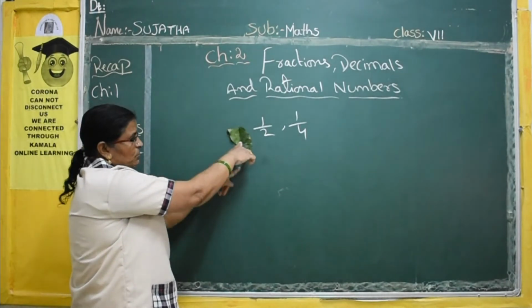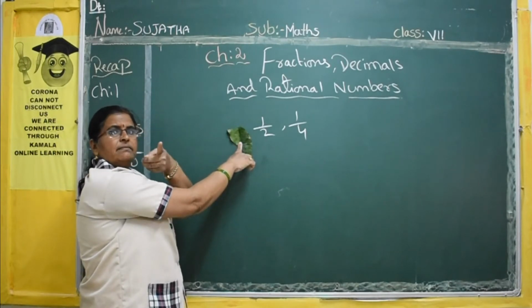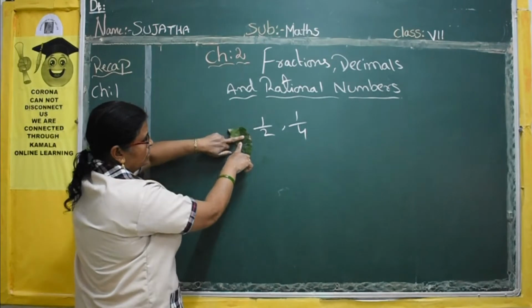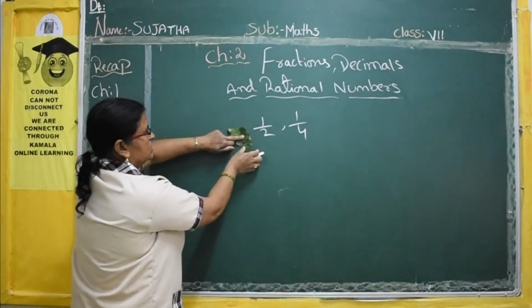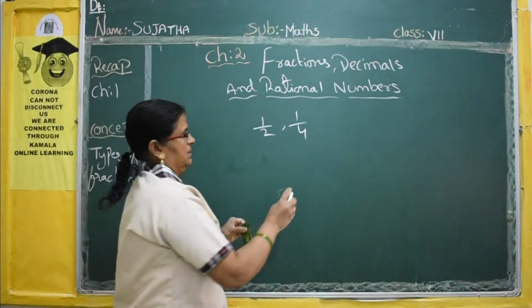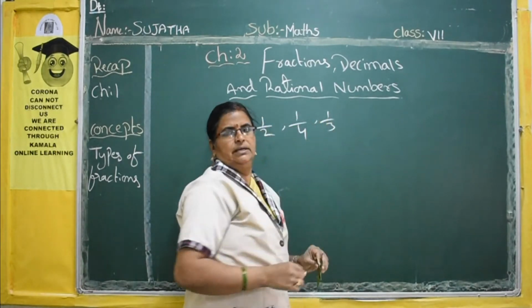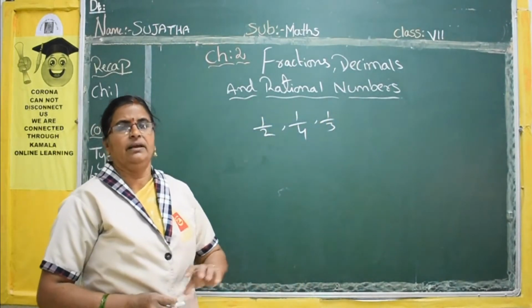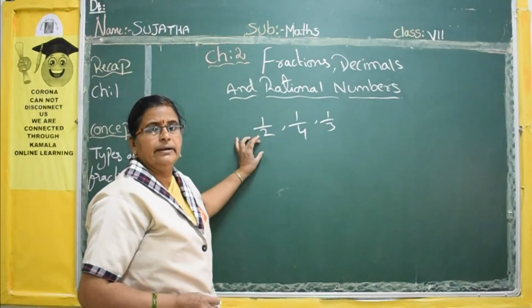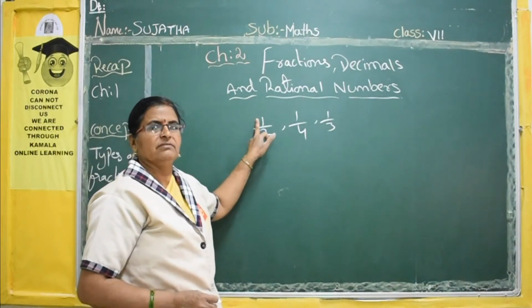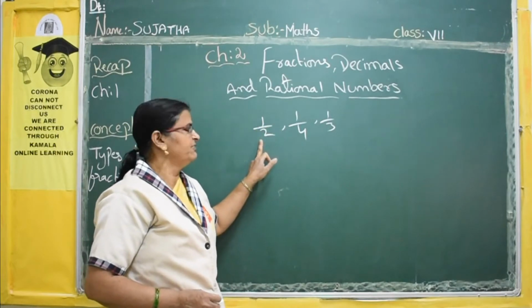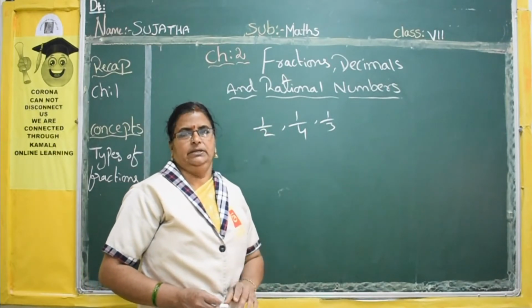Understood? If one more is there, then 4 by 4 becomes 1 whole part. Now these are 3 parts, 1, 2, 3, so this is 3 by 4. This is called a fraction. Fractions have a numerator and a denominator. The upper part of the fraction is called the numerator and the lower part is called the denominator.